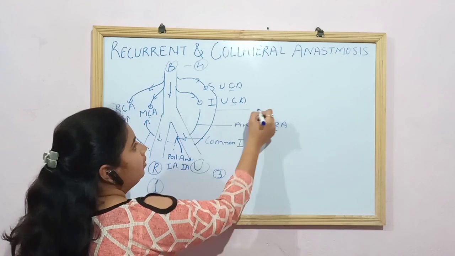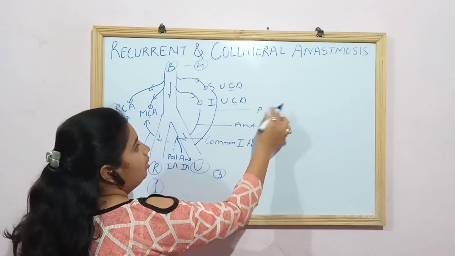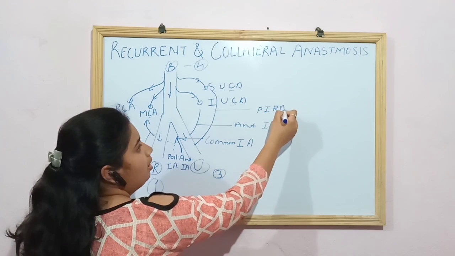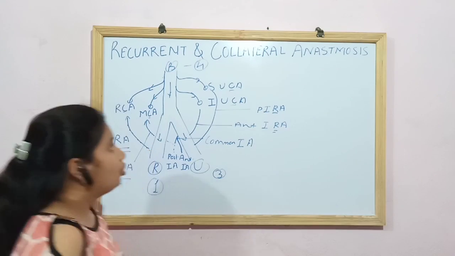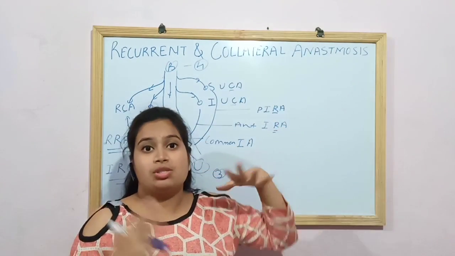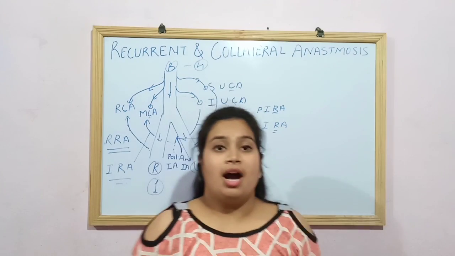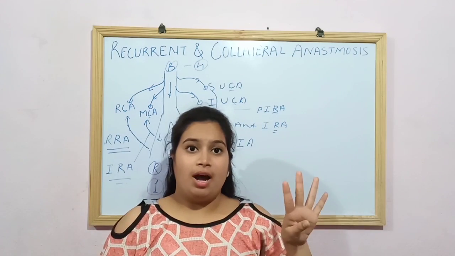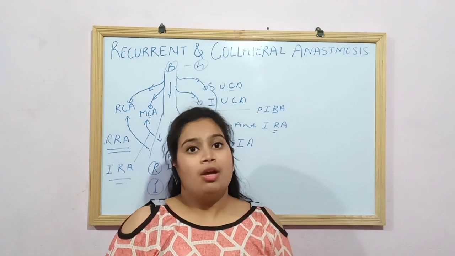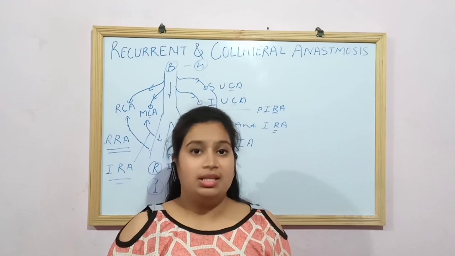This is recurrent, and this is the posterior interosseous recurrent artery. So, in the recurrent and collateral anastomosis of the elbow joint, there are 8 branches of the artery, 4 collateral and 4 recurrent, which combine to form the anastomosis at the elbow joint.